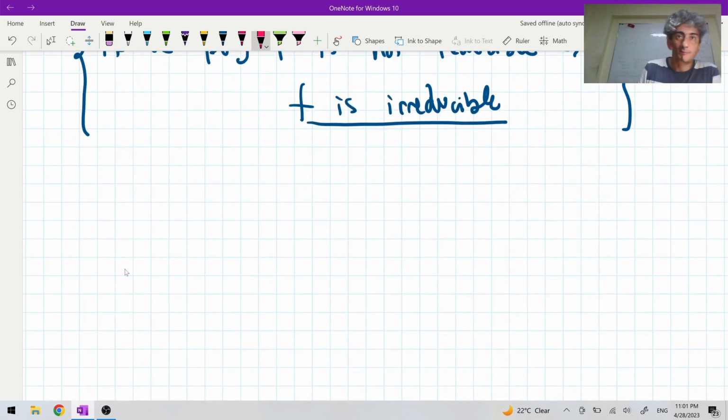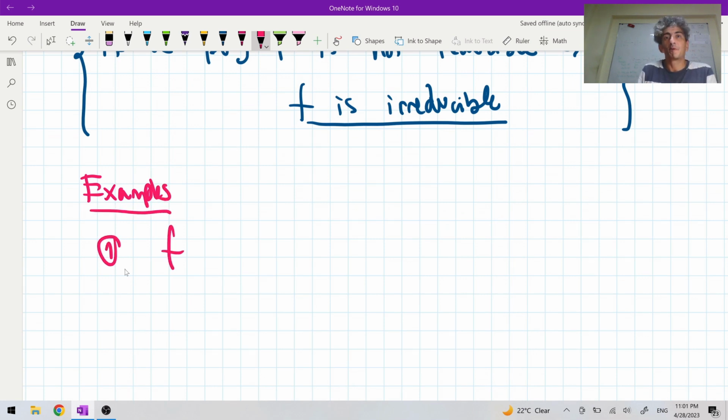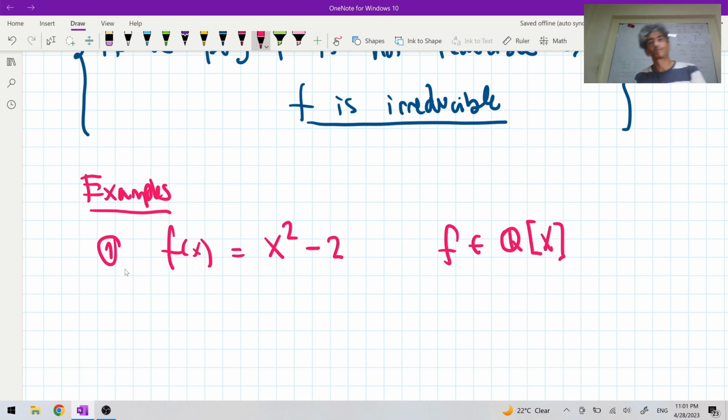Examples. Let's take the first example. f of x being x squared minus 2. If we consider f as a polynomial with rational coefficients, in q of x, then f is irreducible.